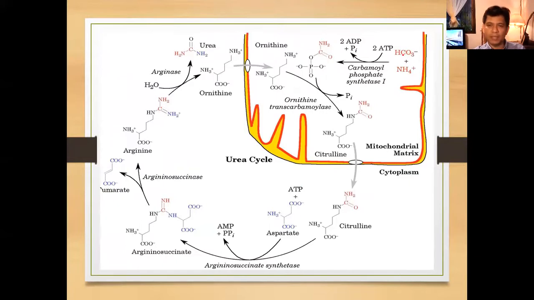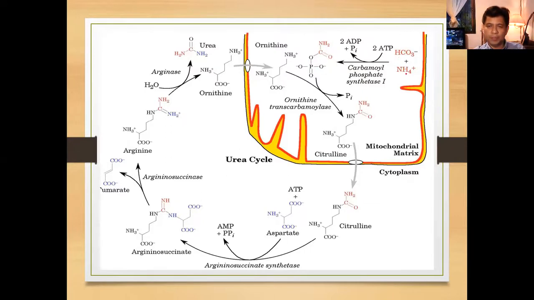Parang carbon dioxide lang naman to na dissolved in water. Carboxylic acid plus ammonia. So this is acted upon by carbamoyl phosphate synthetase enzyme, CPS. Siyempre, ang product is carbamoyl phosphate. As you can see, it uses 2 ATP para maging carbamoyl phosphate.